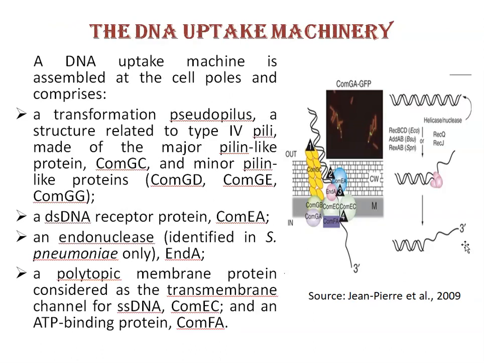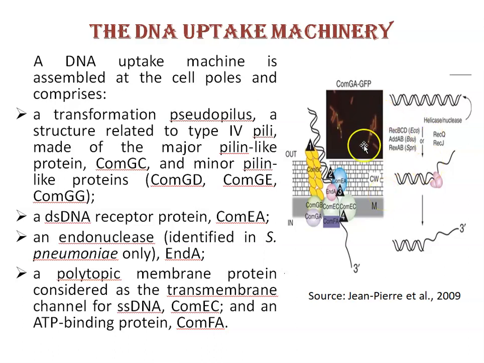Now, the DNA uptake machinery is present on the surface of competent bacteria. A DNA uptake machine is assembled at the cell poles. In this figure, this is the uptake machinery of Streptococcus pneumoniae.